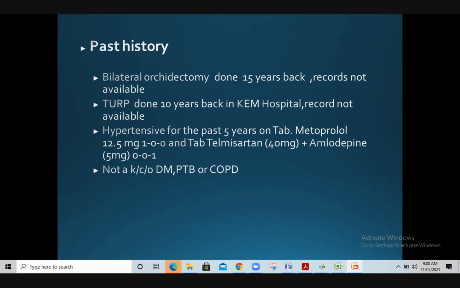So we have CA prostate, which was treated 15 years ago, now causing obstructive symptoms and hematuria. Means what must be happening inside? Ma'am, hematuria, castration resistant prostate cancer.